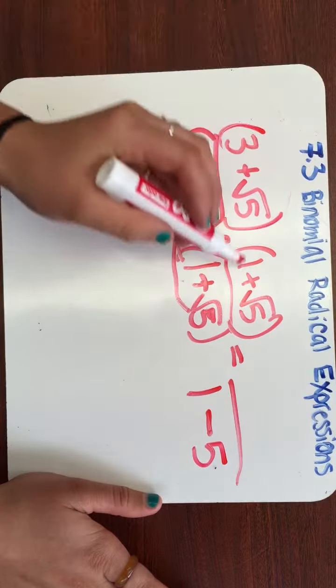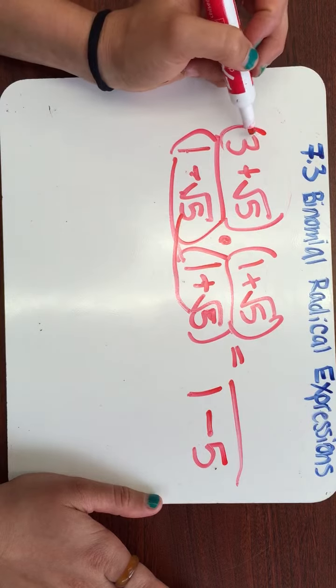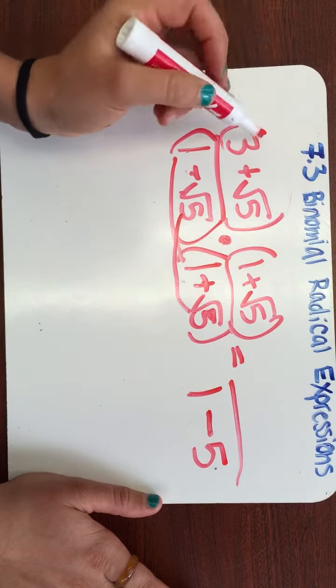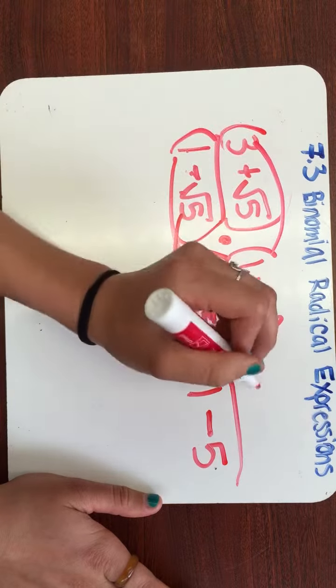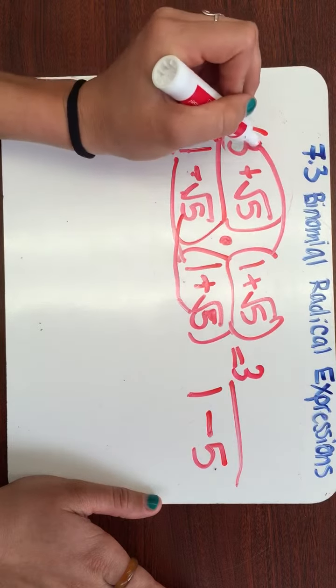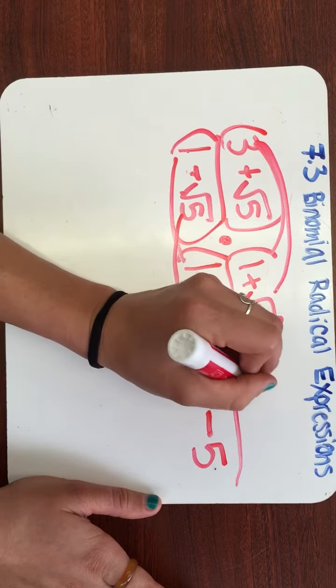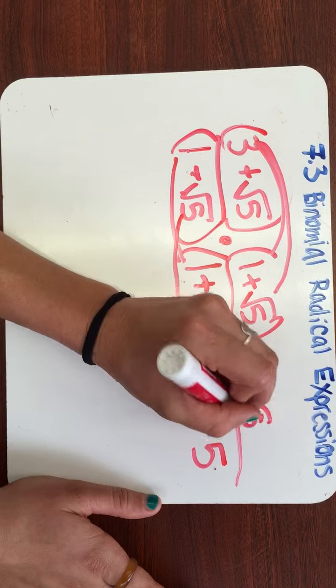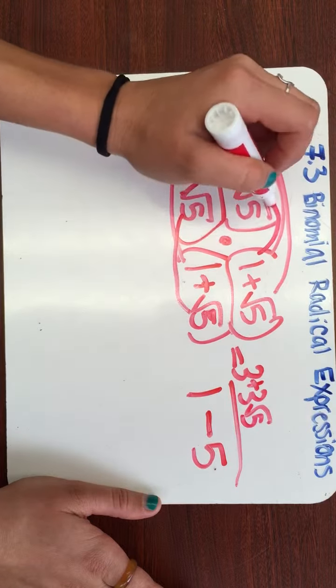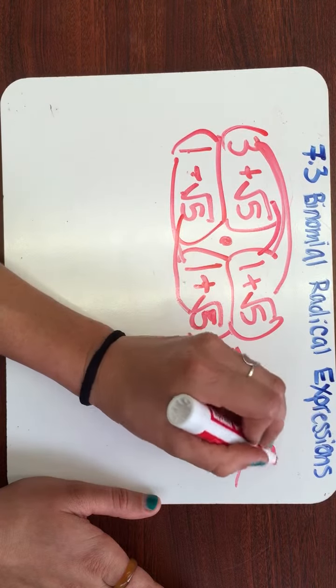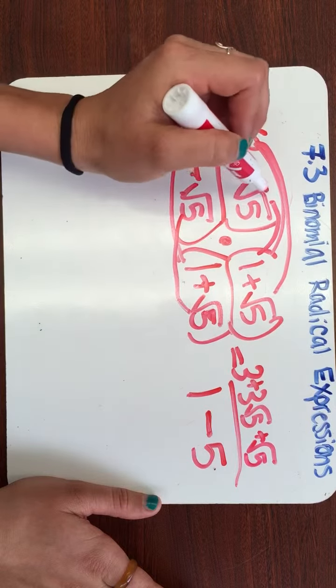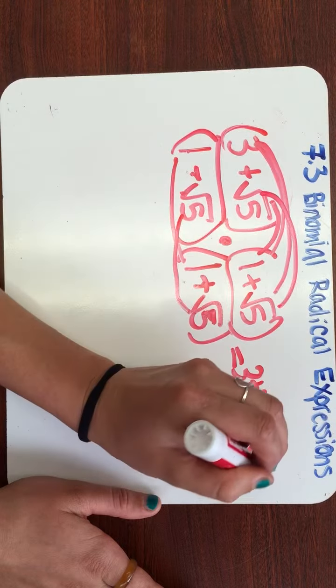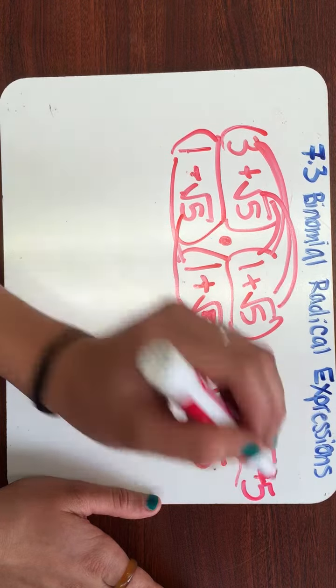The numerators are not conjugates, so I do have to FOIL the entire numerator out. So I'll go first, 3 times 1 is a 3. Outer, 3 times the square root of 5 is a 3 square root of 5. Inner, 1 times square root of 5 is plus square root of 5. And last, the square root of 5 times the square root of 5 is 5.